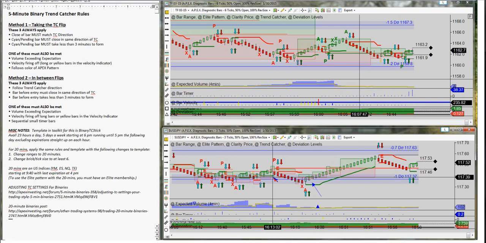The bar before the one that I'm looking at to enter on had to be in the same direction as the trend catcher. And if I have exceeding volume and my bar timer is looking good, I'll jump in and go for whatever amount of dollars I think the market will warrant me at that time. But no, I don't wait for the bar to close. I'm losing precious momentum if I do that.